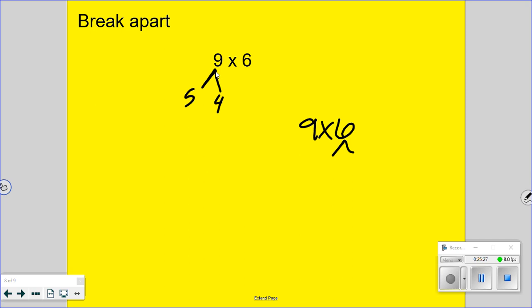If I was doing this, I would break up the 6. It's definitely easier to break up the 6. 5 and 1. I'm so good at my 5s and I am so good at my 1s.